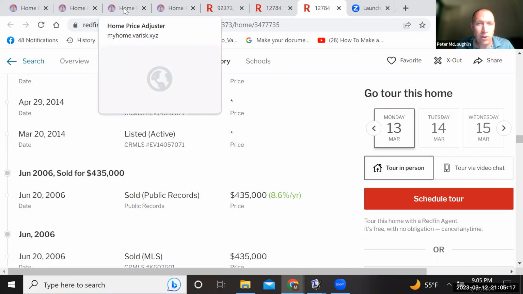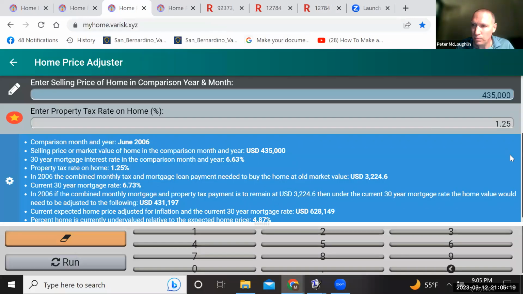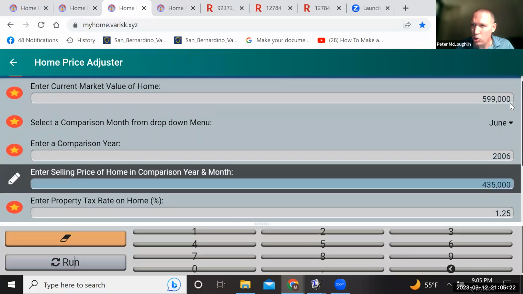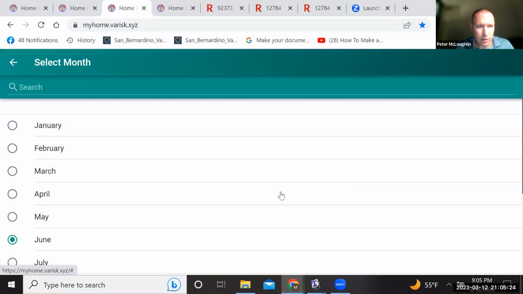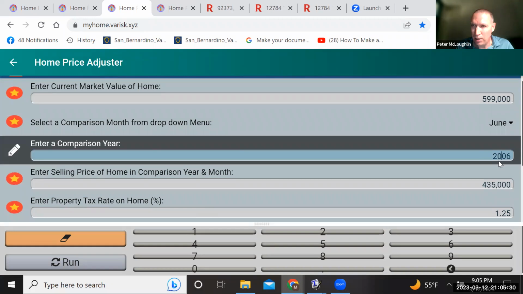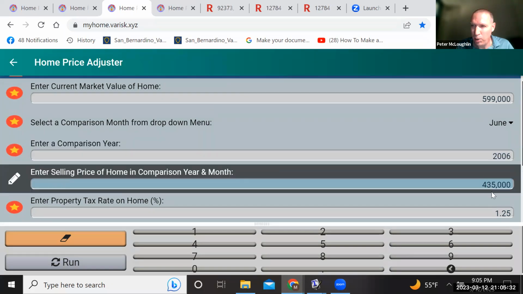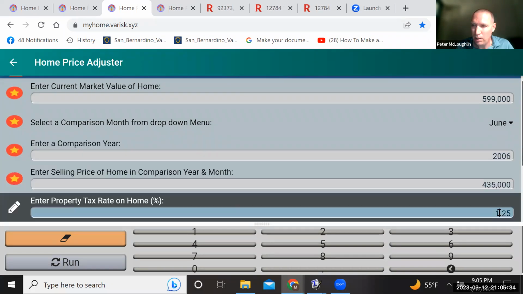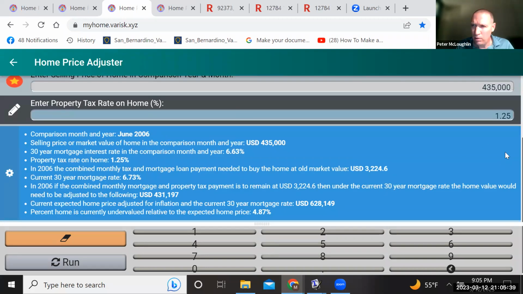So I'll go to my home price adjuster. I chose my month, June, and the year 2006. I put the 2006 year here, and the selling price then was 435. Property tax again, 1.25. Run it. In this comparison year and month, you can see the 30-year mortgage rate was 6.63.